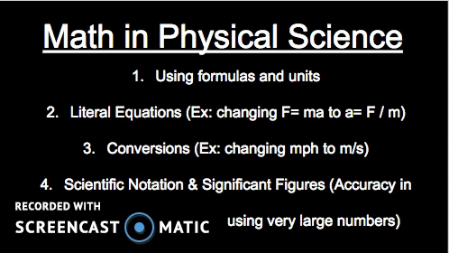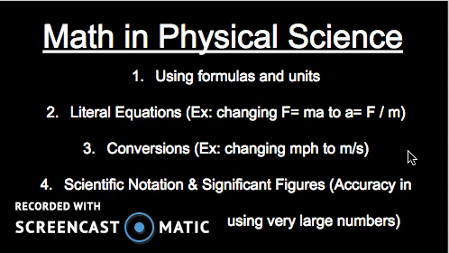So, for example, if you're talking about a car or a plane or something that moves fast, you're probably using miles per hour, whereas the standard unit is meters per second. So this particular video will talk about how you can convert from miles per hour to meters per second, and several other conversions.